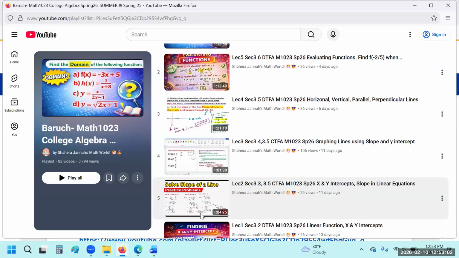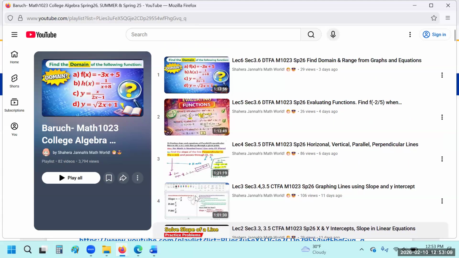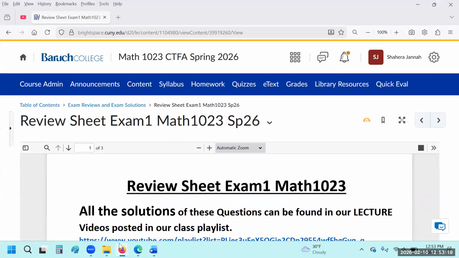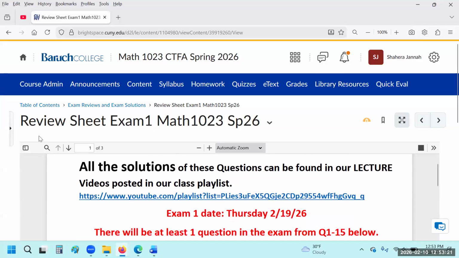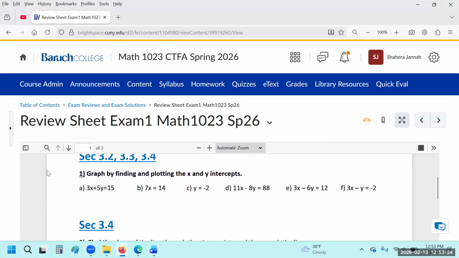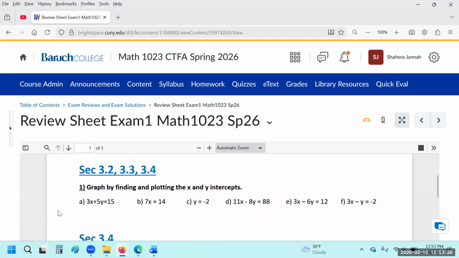It should be 3.3, 3.4, and then 3.4, 3.5. So if you need to see the solution for any part, all you have to do is click on the link, and then it will take you to those questions.